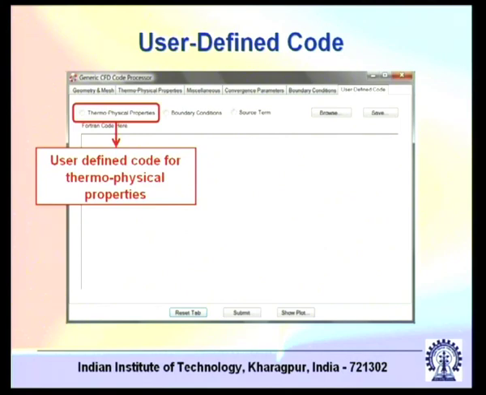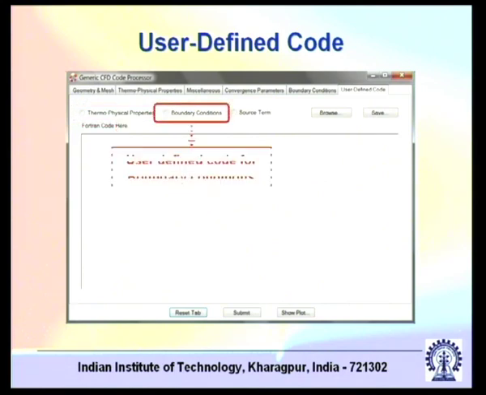Then let us come to the concept of user defined codes. So usually you use user defined codes for accommodating something which is not there in the standard GUI or standard programmable interface. So for example, if you have variable thermophysical properties and you want to implement them, that is one case. Then you may have user defined code for boundary conditions.